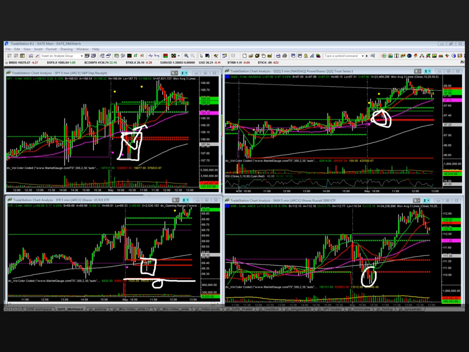Now, a natural question, I would say, to this would be, well, what if the IYRs didn't break down? Would you still look for it to be a reversal? And the answer is yes.